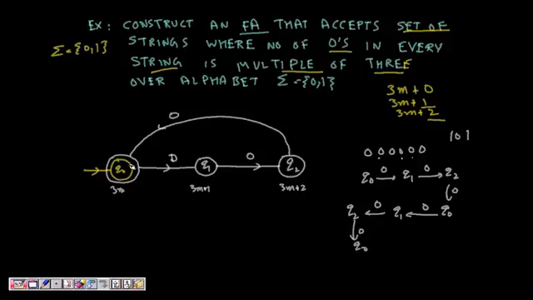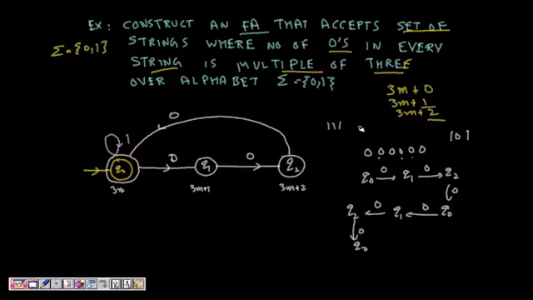If I see a 1, it isn't making any difference in the count of 0. So if you see 1 1 1, still no zeros are there, so it will remain here. So with no zeros or a 3m count of 0, I will remain here.